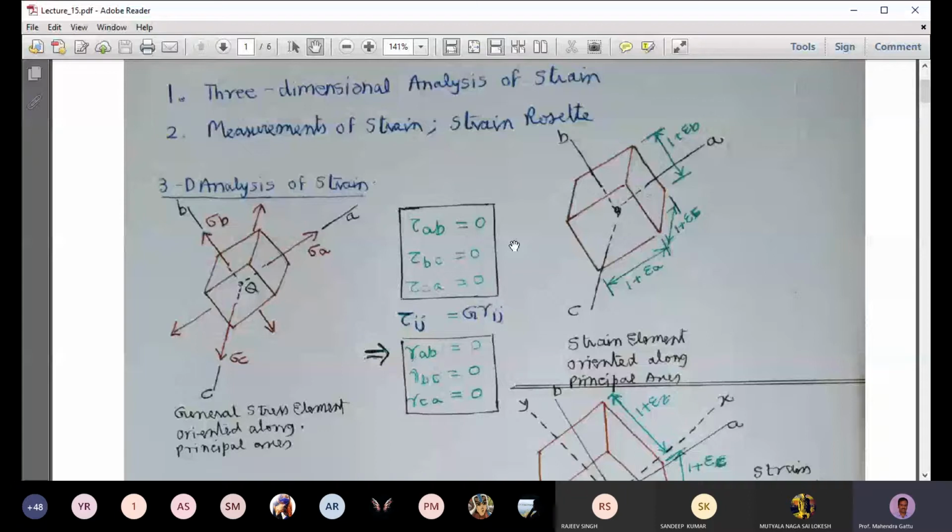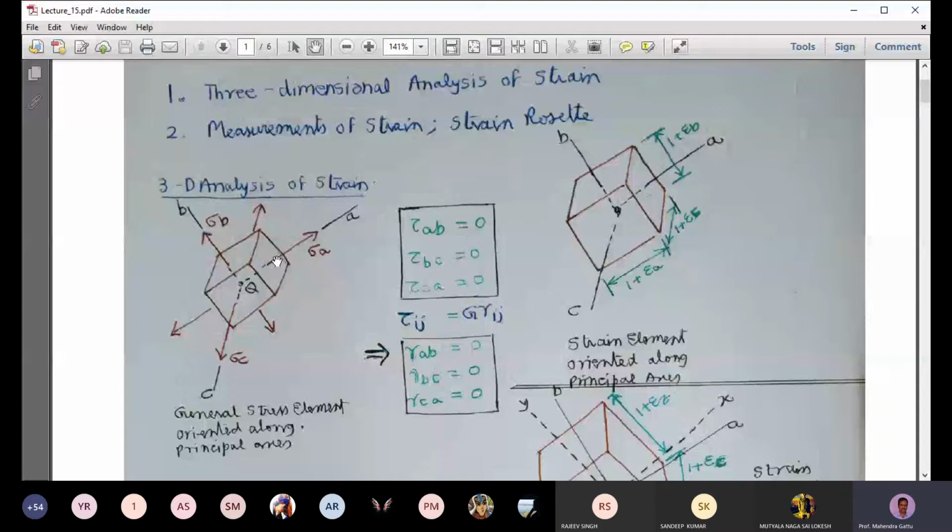We can look at this 3D stress element from the C axis and rotate it about the C axis, and we get one more circle with sigma A and sigma B as the principal stresses. Or we can look from the A axis and rotate the element about the A axis, and we get another Mohr circle with sigma B and sigma C as the principal stresses.